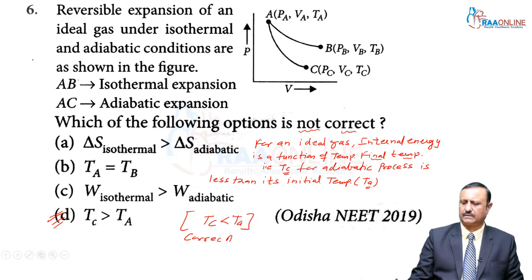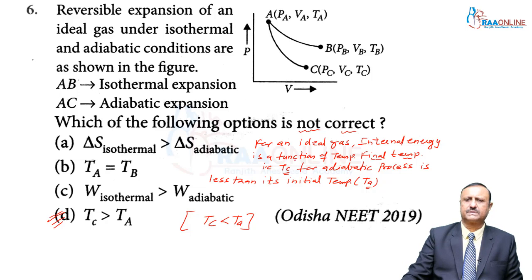Here it is given that Tc is greater than Ta. Here my dear students, when you see the graph between pressure and volume, this graph is a reversible expansion of an ideal gas. Isothermal means temperature is constant here, and in the adiabatic process heat is 0, and when heat is 0, delta T is also 0, it means temperature is not changed.